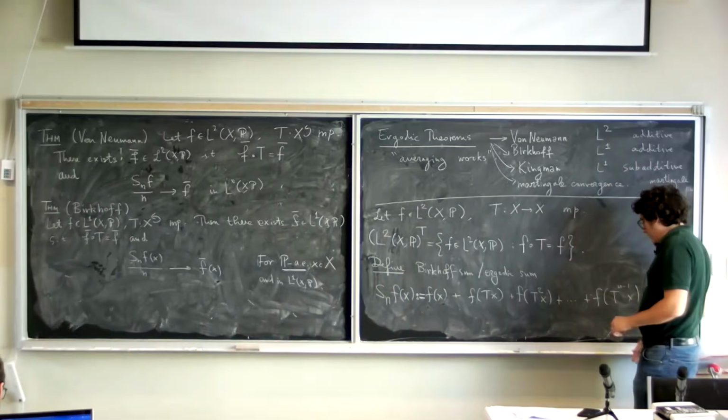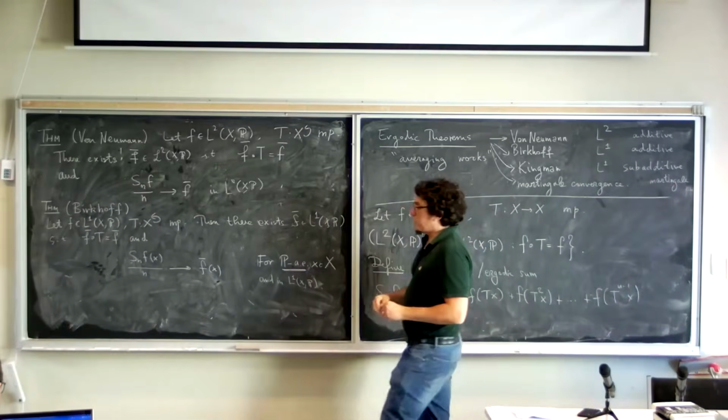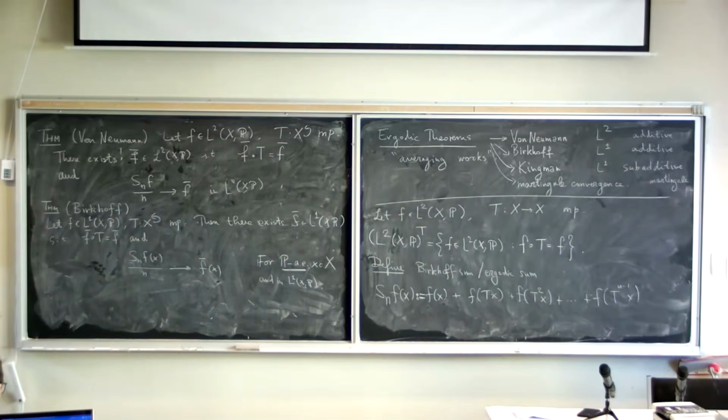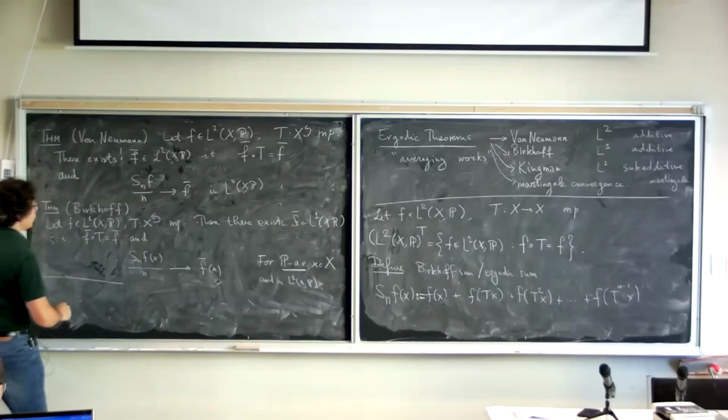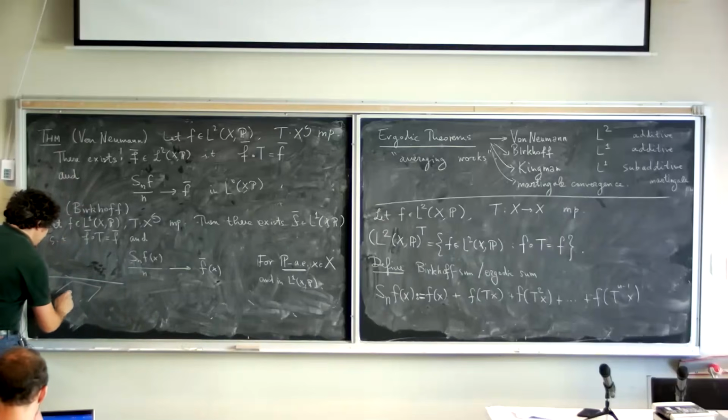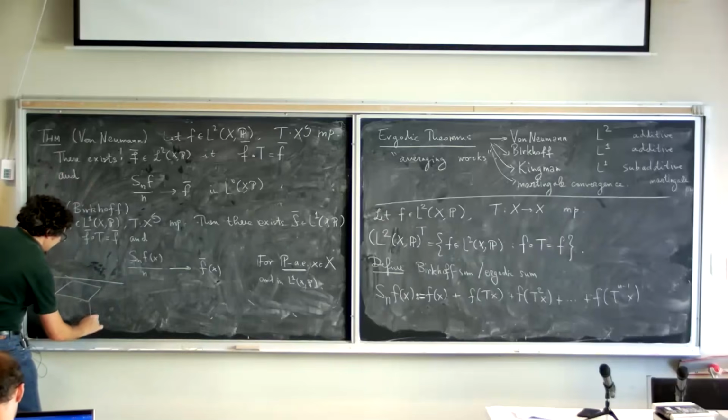Let me add some remarks. I actually like von Neumann's formulation because it has a very nice functional analytic aspect to it. You can think of the space of L2 functions as some Hilbert space.